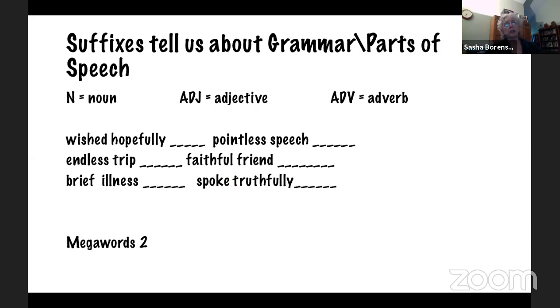So this is an exercise where we say, when I have the word wished, hopefully, is that a noun, adjective, or an adverb? And here's the big hint, if you're not sure. When you have "ly" on the end of something, it's an adverb, and it's describing wished, which is a verb, so it's an adverb.